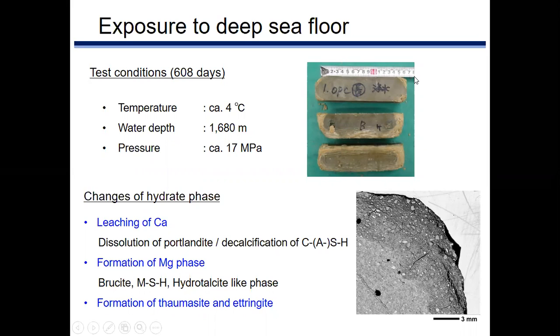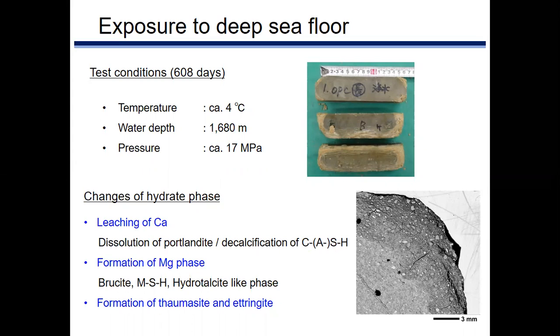Results from several analyses showed the change of hydrate phase, like leaching of calcium, the dissolution of portlandite, and decalcification of calcium silicate hydrate, and formation of magnesium phase, like brucite and MSH, and hydrotalcite-like phase. Finally, the formation of thaumasite and ettringite. This change can contribute to the disintegration of mortar.